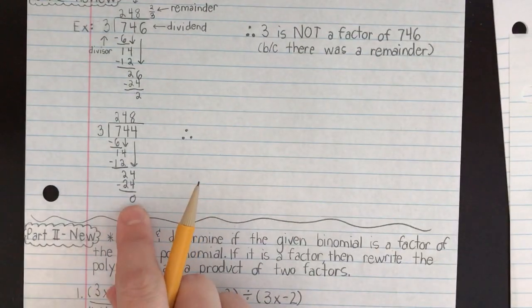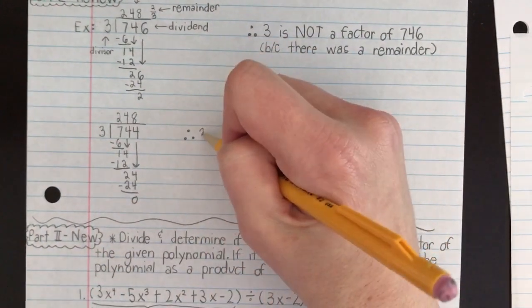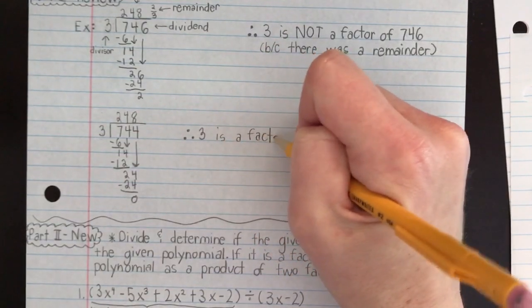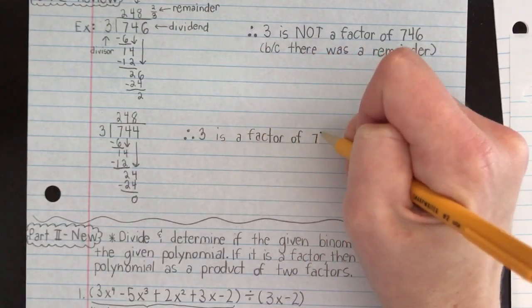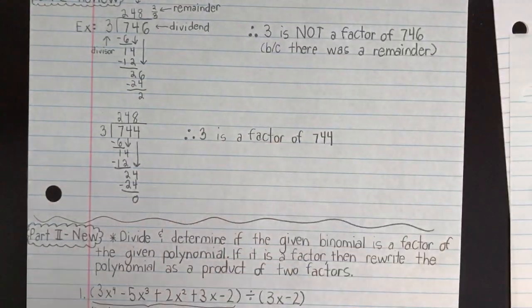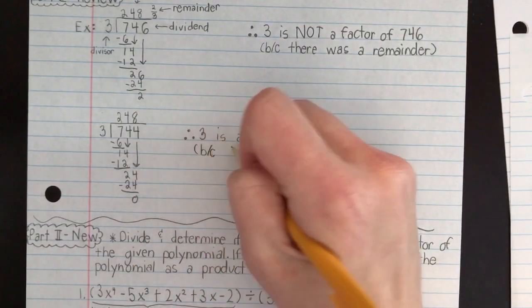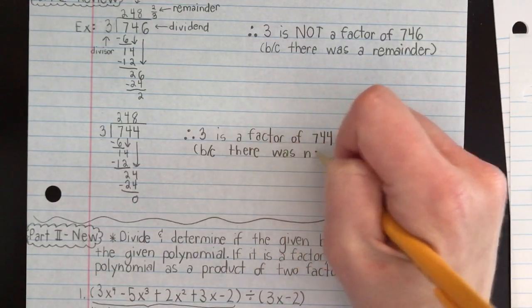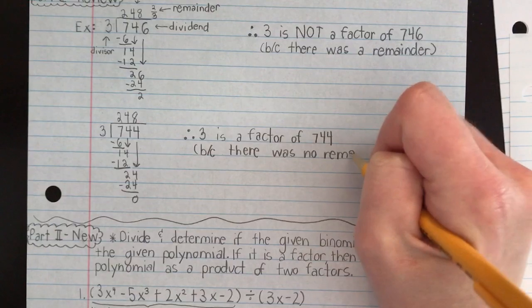Nothing remaining. So therefore, 3 is a factor of 744. And that is because there was no remainder.